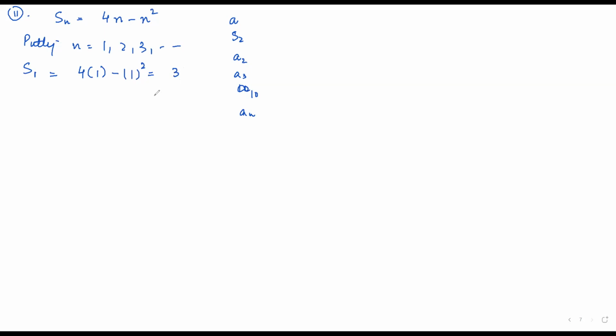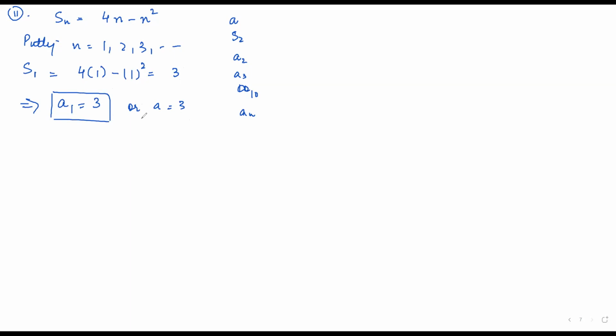So if the sum of one term is 3, that means the first term is 3. This implies that a1 is 3. Fine. Sum of only one term is 3, right? That means the first term is 3, right? So I have got my first term, a1 or a, or you can call it a is equal to 3, right?